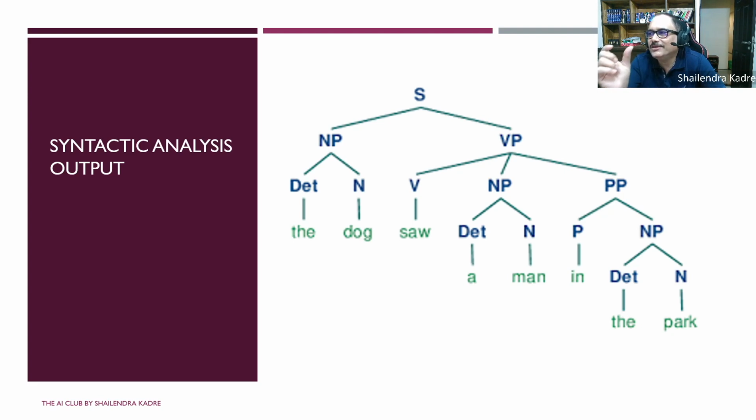At least you should understand how to decode these codes, like what is the meaning of NP, what is the meaning of PP, or at least you should know where this decoding is available if I am in confusion. If I don't understand what DET is, you go back to your notes or that particular website and find out what is the meaning of DET. That much you should know.